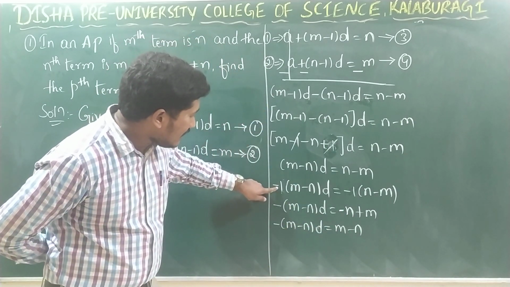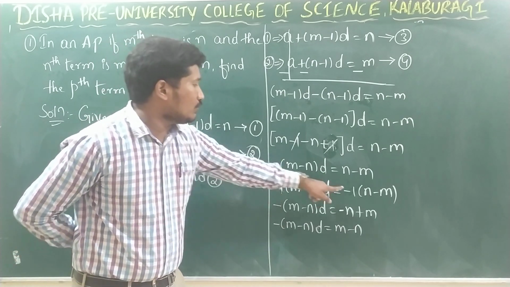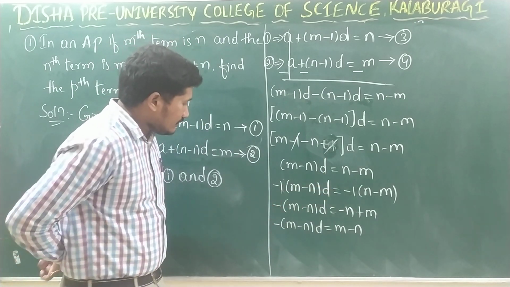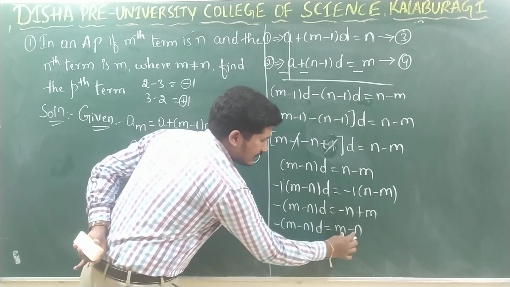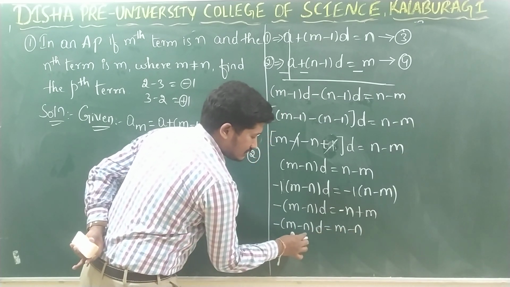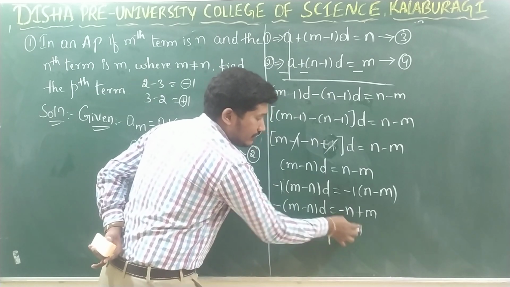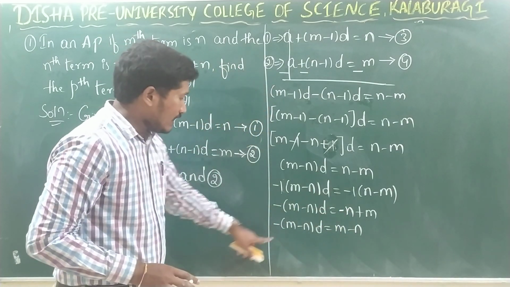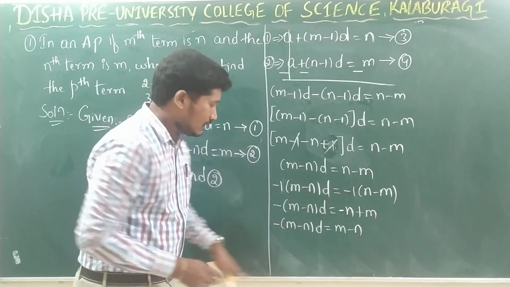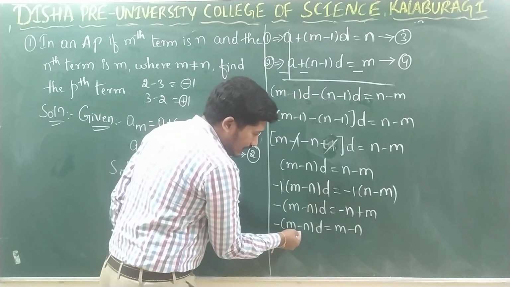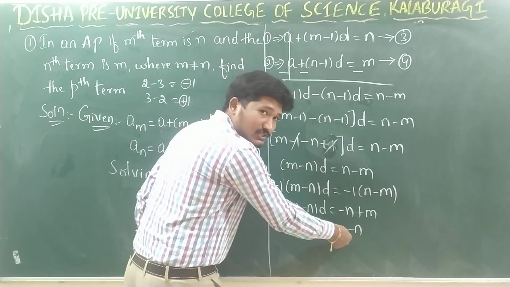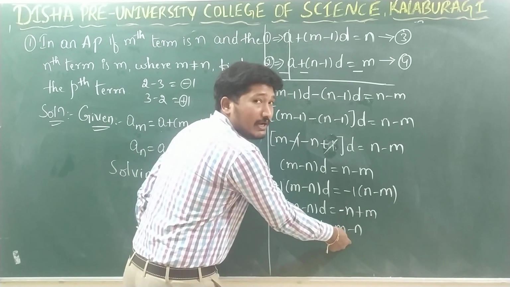Now, why did I multiply by −1 on both the sides here? See, I am just making it the same term. That is, I am making the sign same. That is, here also we have got m − n. Here also we have got m − n. Now I can cancel these both. Right? Why? Because when I transfer this term to the RHS side, it will go to the denominator.